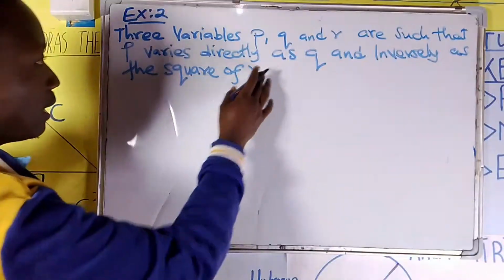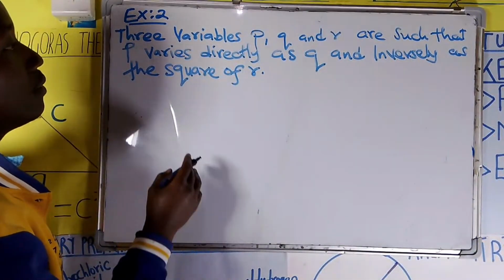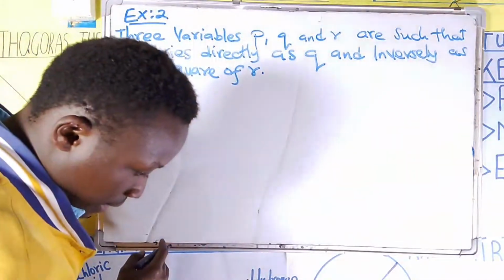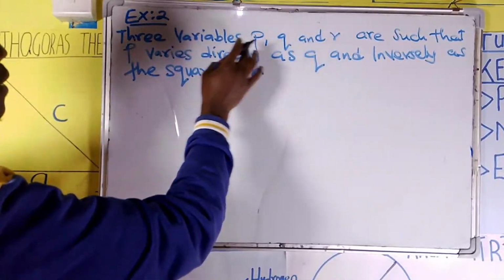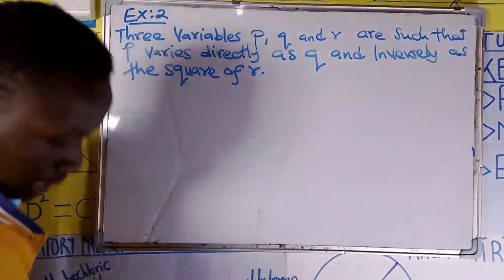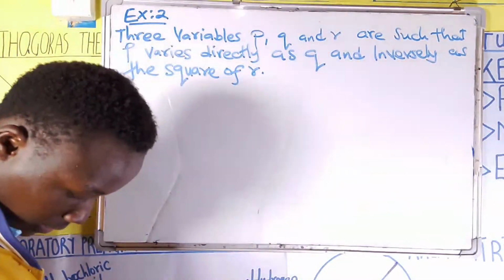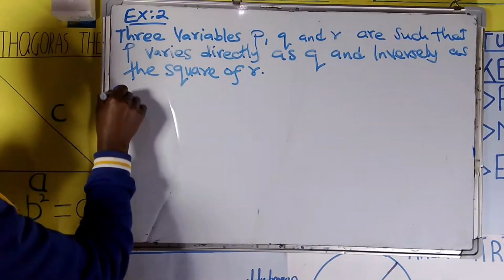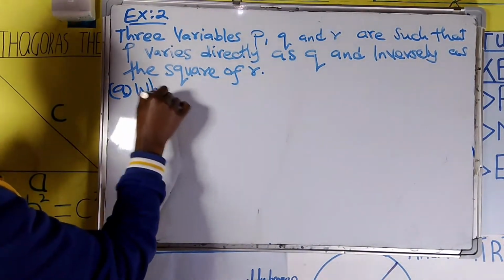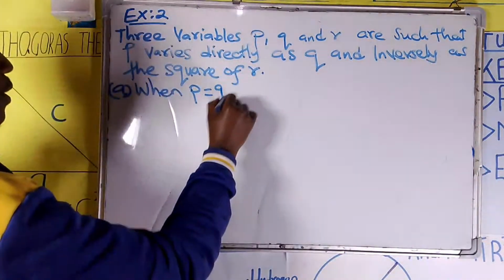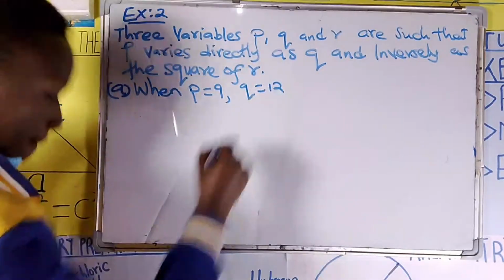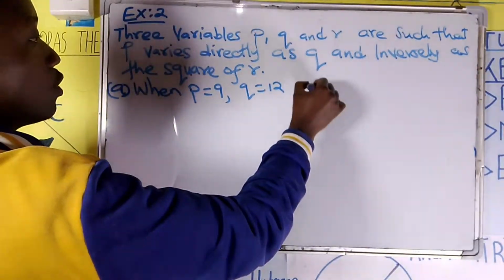So, we have that. Then, the question is, three variables P, Q, and R. So, the first question reads, when P is 9, Q is 12, and R is 2.